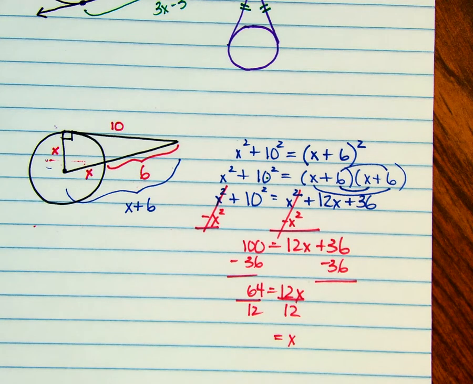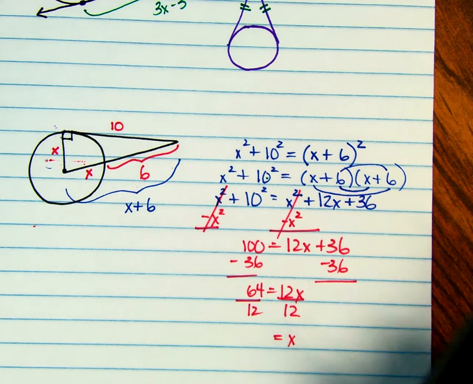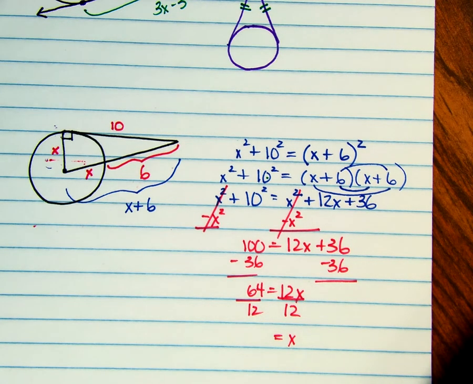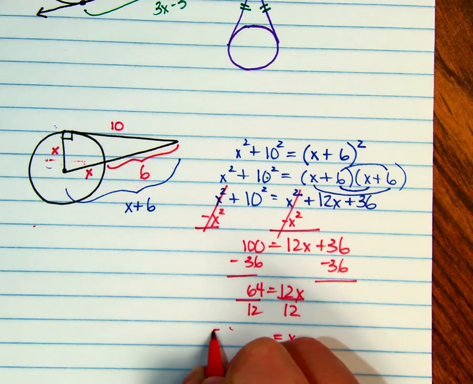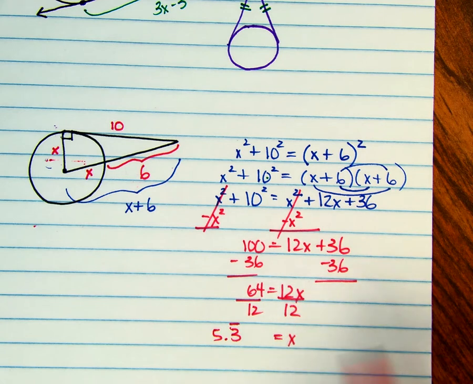Not a pretty number. I made a mistake here for a minute. 64 divided by 12. Nope, you get a nasty number. You get 5.3 repeating, which is the same thing as 5 1/3. If you are rounding, 5.3 or 5.33 would be fine.